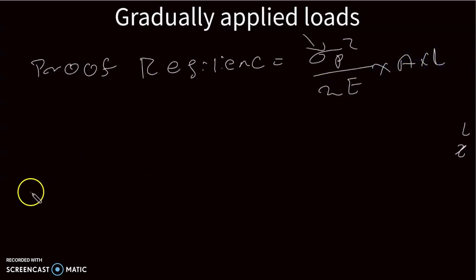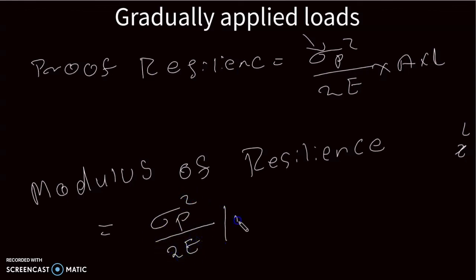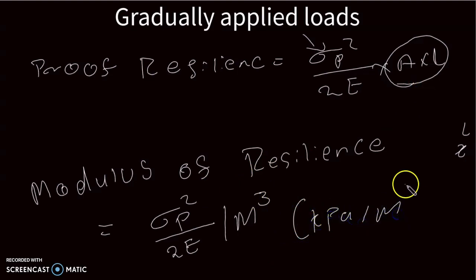And then we have something else that we call the modulus of resilience. The modulus of resilience is given by the maximum stress squared divided by 2E per cubic meter, which will be this part per cubic meter. And then the SI unit will be kilopascal per cubic meter, of course.